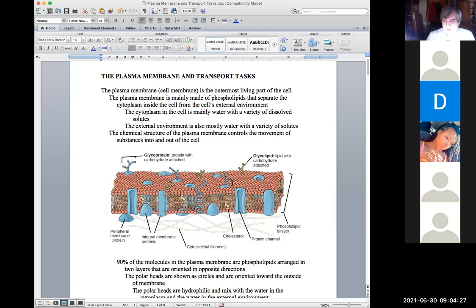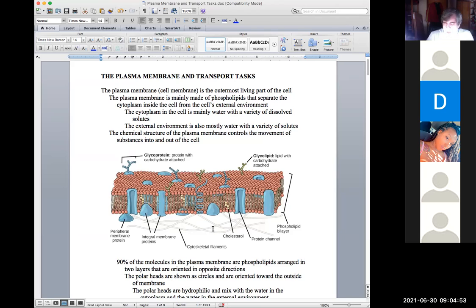So here's a section of a plasma membrane. Down here on the bottom is where the cytoplasm would be. One way we can tell this is because here are some of the cytoskeleton proteins. And the cytoskeleton is in the cytoplasm, so that's inside the cell. Now remember what we've said, the most common molecule in the cytoplasm is water.